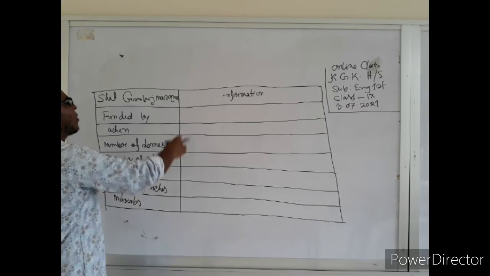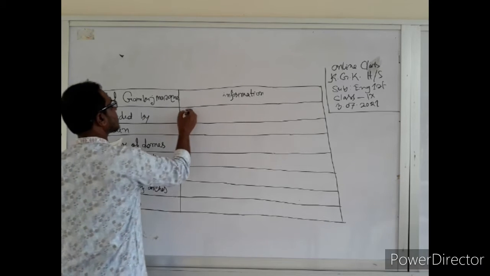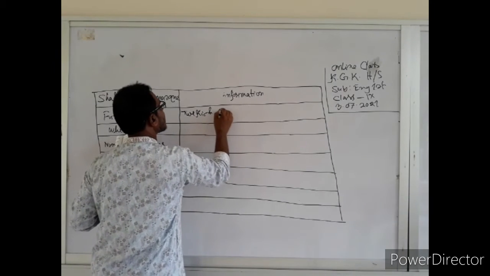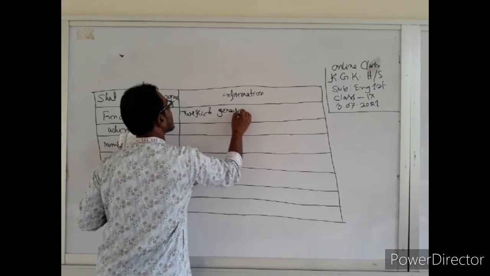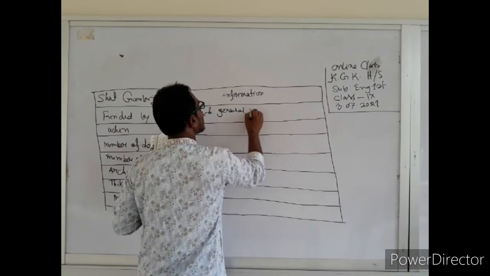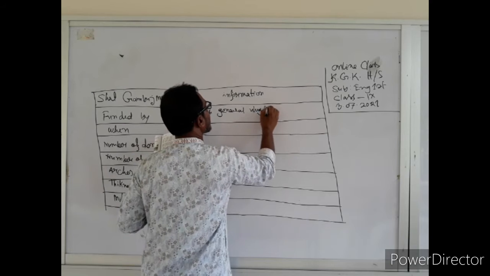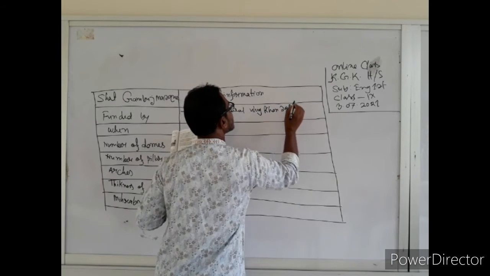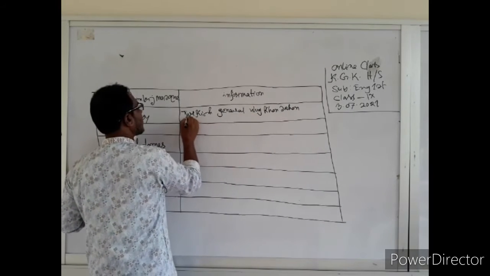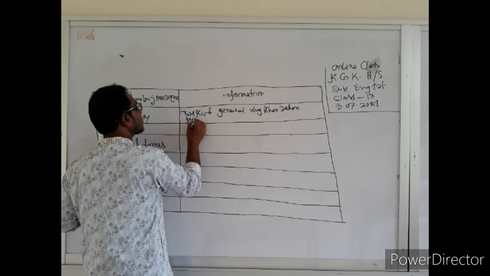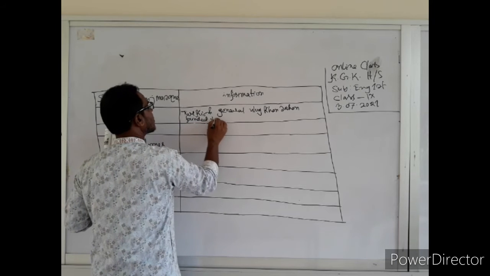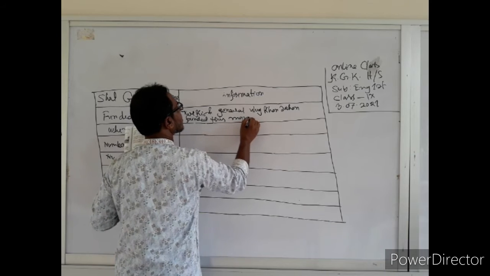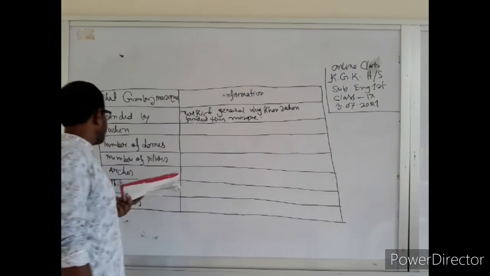So in the information box we write: Turkish General Khan Jahan founded this mosque.